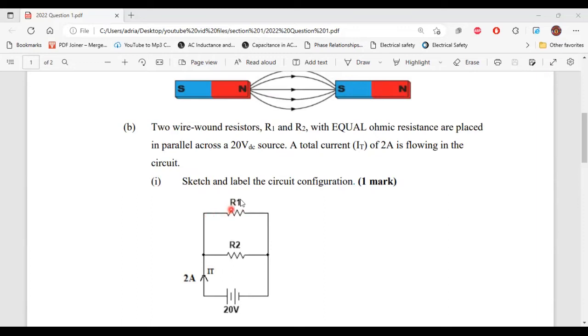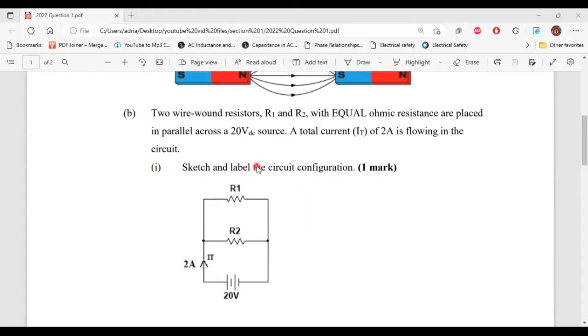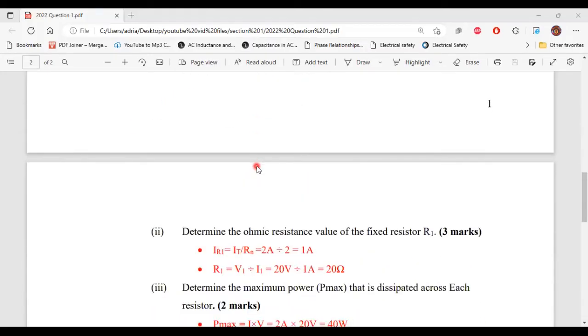Now, because both resistors have the same value, current will share between them equally, as I mentioned before. So if 1 amp is flowing through R1, it also means that 1 amp is flowing through R2 because the current is shared equally. So now we can look at the calculation for resistor R1. R1 is equal to V1 divided by I1.